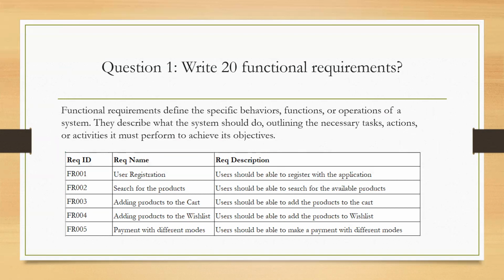Suppose I have to differentiate between a business requirement and a functional requirement. A business requirement tells about the requirements from a user perspective. These are the high-level requirements. Whereas functional requirements mainly focus on how we need to achieve these business requirements, and they focus on the functionalities within the system.